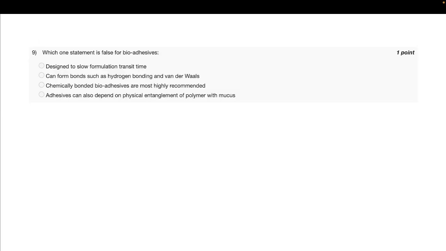Okay, next question is, which one statement is false for bioadhesives? Any answer?